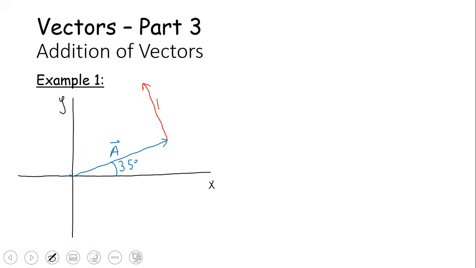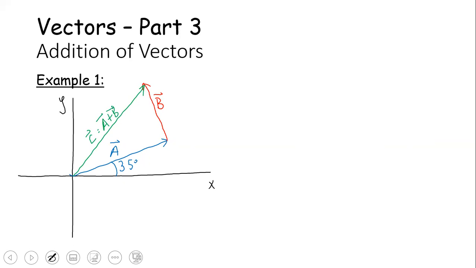And it's a little shorter in length than the vector A. The resultant vector C is going to be the sum of the two, which means it's going to be the vector that goes from the tail of A to the tip of B. Therefore, C is given by A plus B, like that.